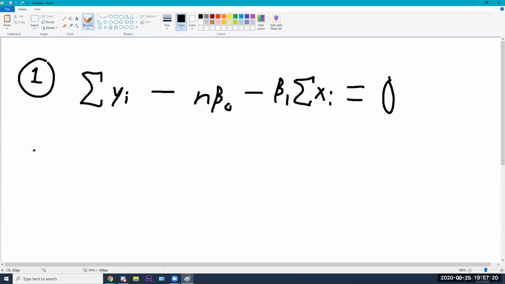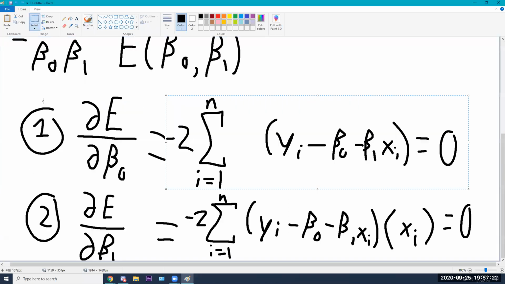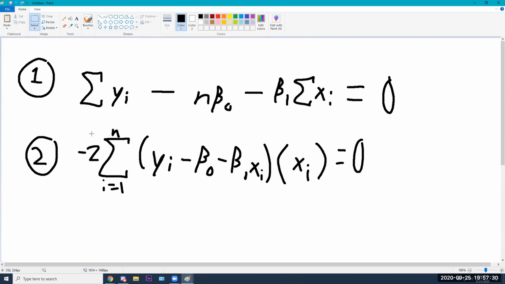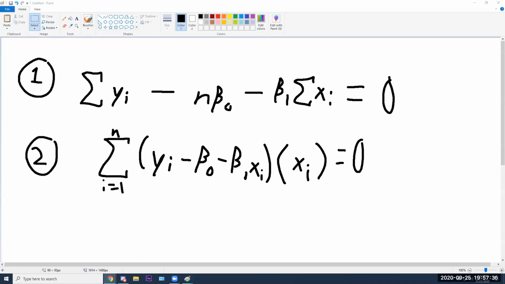Now we're going to do the same thing with the second equation. We're going to copy this and delete this -2, because we can just remove that since both sides are equal to 0. However, this is a little more complicated because each term in here gets multiplied by x of i.